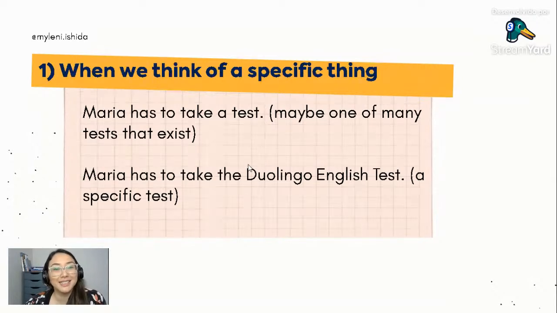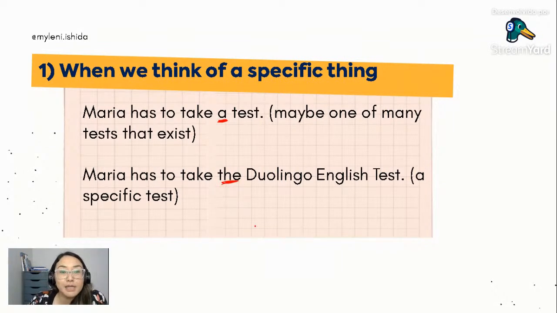Maria has to take a test. When I say a test, it's maybe one of many English tests that exist in the world, right? So Maria has to take a test. If I say Maria has to take the Duolingo English test, now it's not any test that exists in the world. It's the Duolingo English test.